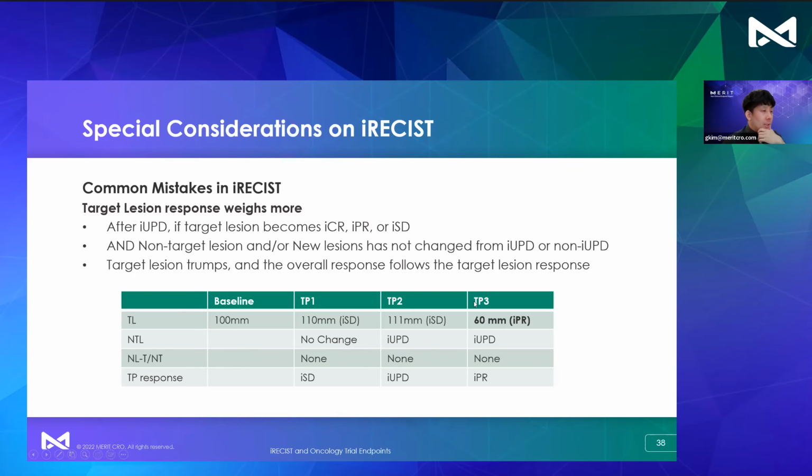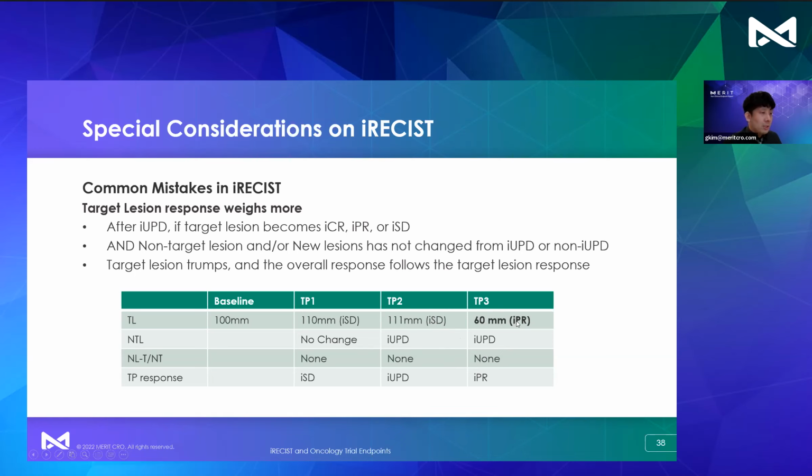And at the next time point, if the non-target lesion has not caused an ICPD, meaning they are stable or improved, and the target lesion has tremendously improved down into the partial response range, in such cases, if none of the other two lesion categories has caused any worsening or ICPD requirements, the target lesion response can drive the overall time point response.